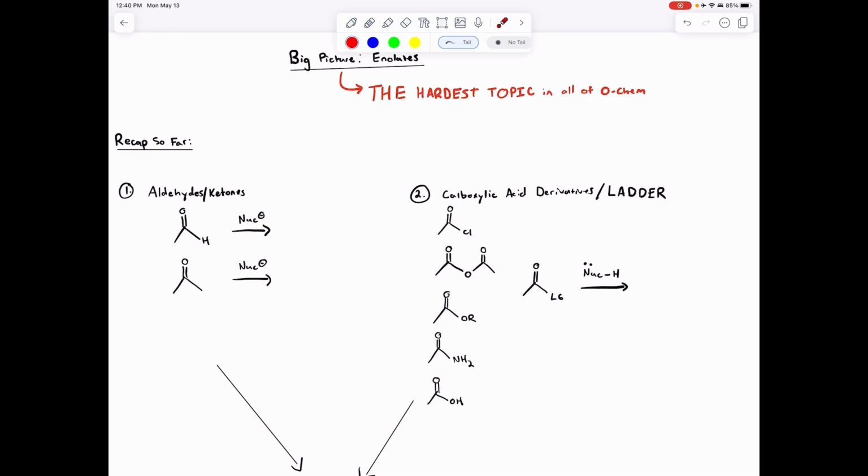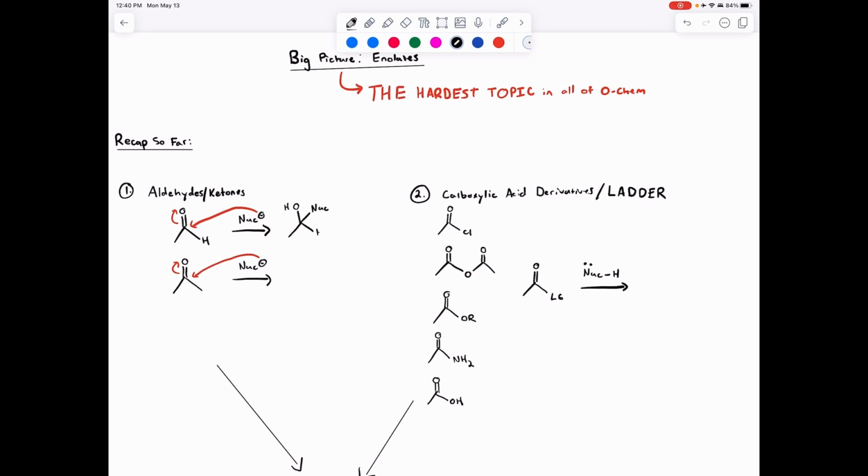And so the thing that I want to remind all of you about is when aldehydes and ketones interact with nucleophiles, well, what you've learned is that nucleophiles go straight for the C double bond O. Okay, so that's not going to take you by surprise. And the consequence of that in the aldehydes and ketones unit, for the most part, is you get something that looks along these lines right here.